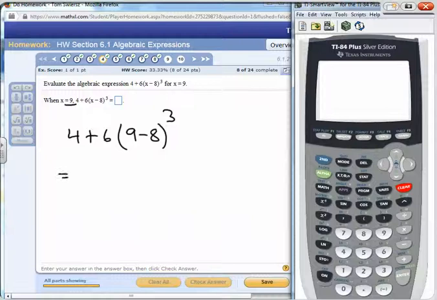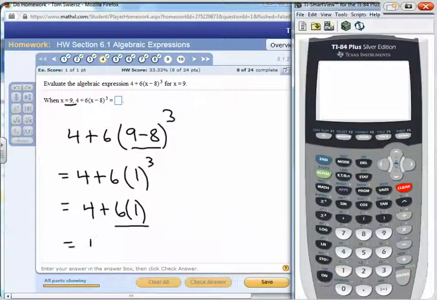Order of operations, inside the parentheses, subtract. 9 minus 8 is 1. 1 cubed is 1 times 1 times 1, which is simply 1. Then the multiplication, 6 times 1 is 6. 4 plus 6 is equal to 10. So using our order of operations, we get the correct answer of 10.